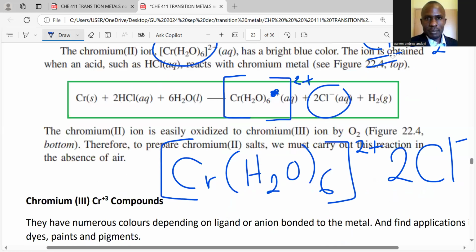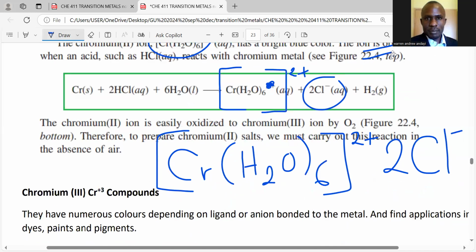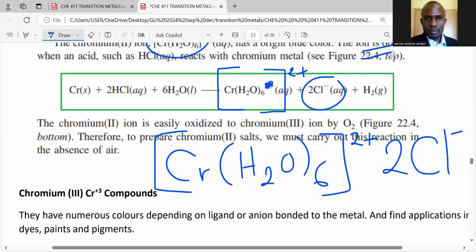Now, let's scroll down. Once you have that ion, it can be further oxidized by oxygen to form the 3 ion. So what does it imply?